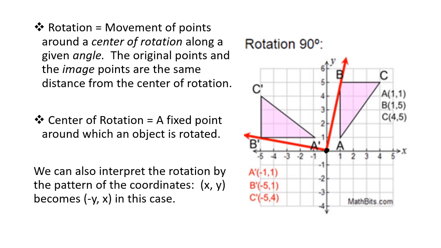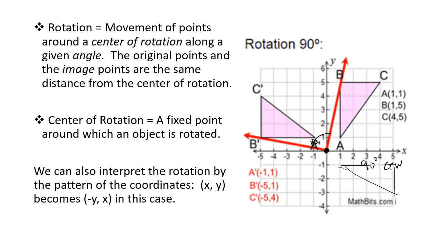Now, in this case, I'm going from A, B, C over here to negative A, negative B, negative C. And so I'm rotating 90 degrees counterclockwise. I need to know how much I'm rotating. Now, if I was rotating this 90 degrees clockwise, then I would end up with something down here. I would get this shape.